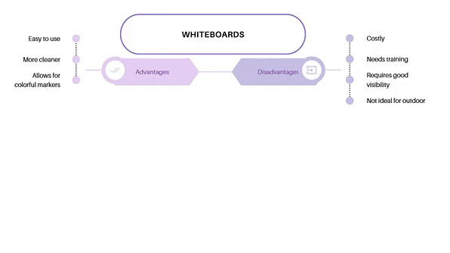As disadvantages, whiteboards and markers are really expensive, and also teachers should be well trained to write on a whiteboard, and it requires good visibility because whiteboards have a smooth and glossy surface, and whiteboards are not really ideal for outdoor activities.